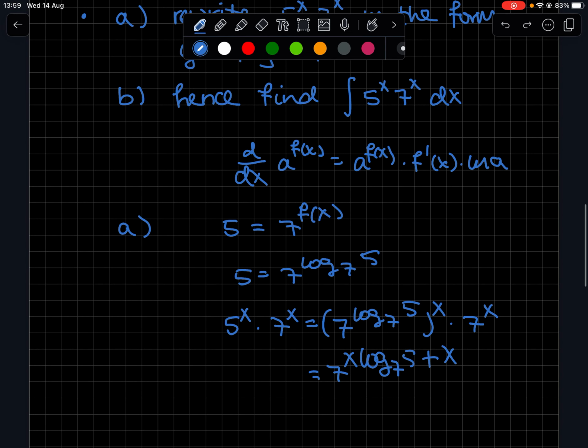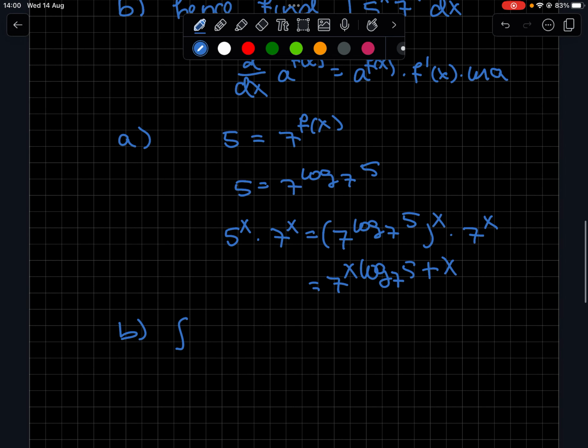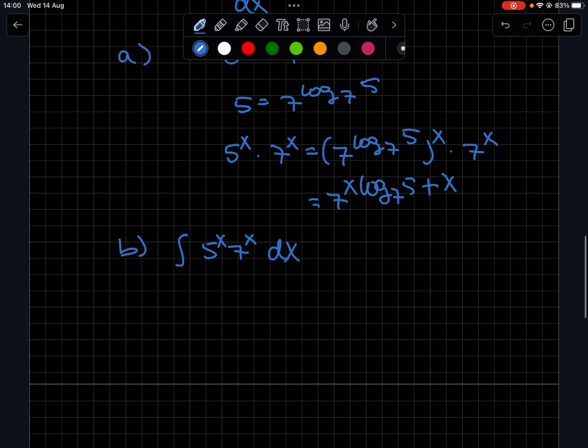So now let's do b. We have to evaluate the integral of 5 to the power of x times 7 to the power of x dx. Now, of course, we can just say that this is the integral of 35 to the power of x dx.